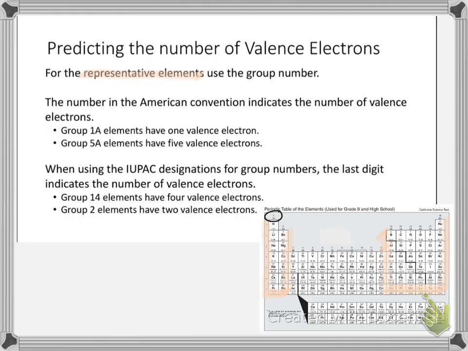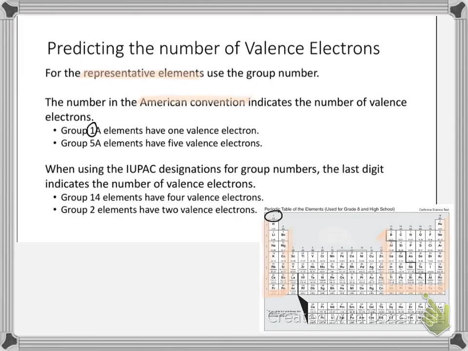Not all periodic tables will have both markers, but our periodic table has both the American Convention and the IUPAC designation. In the American Convention, it's the one that's closest to the table, and that's where you have a number and a letter. And the number in front of the letter, I'm looking at this convention, and so it's this number.